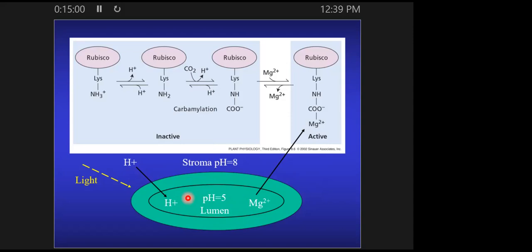If you get that situation, then the magnesium can come out and bind with that activator CO2. So that's why they say Rubisco has to have light in order to be fully active and functioning, because Rubisco has to have that activator CO2 and the magnesium attached to it.